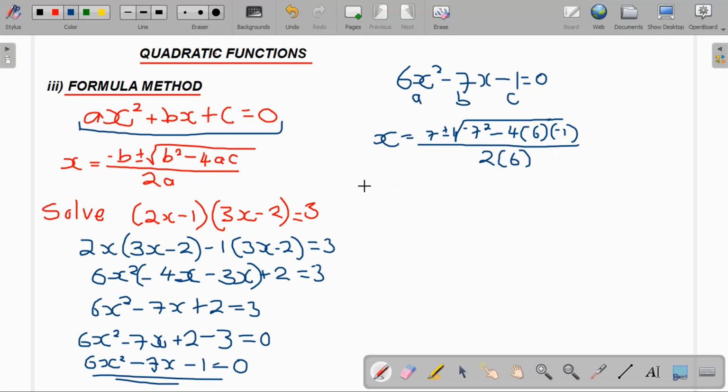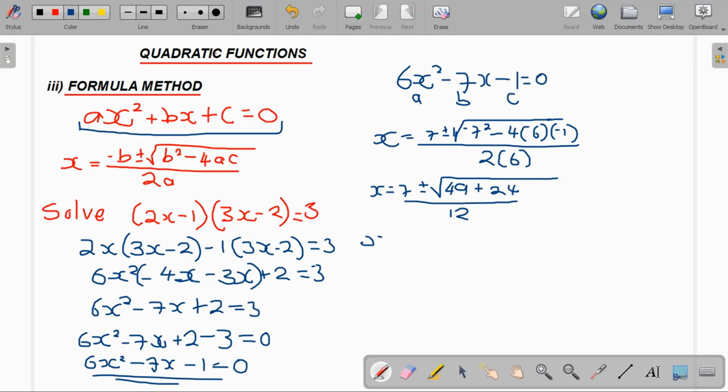And then we cross. Then we continue, we say x is equal to 7, positive or negative, the square root of negative 7 squared, negative 7 squared is 49, so positive 49, and then negative 4 multiplied by 6 multiplied by negative 1 will give us positive 24, and then over 6 multiplied by 2, it will give us 12, so over 12.